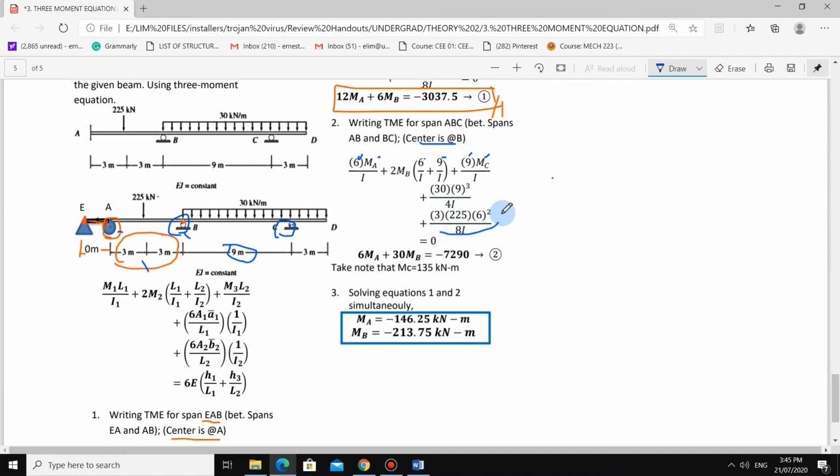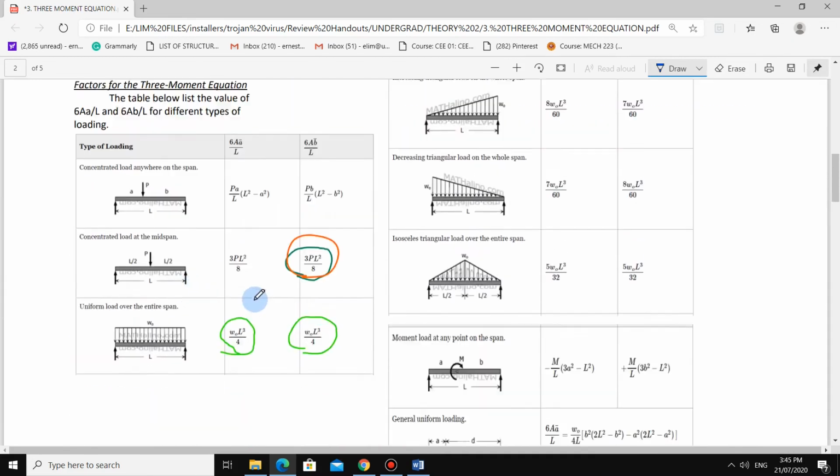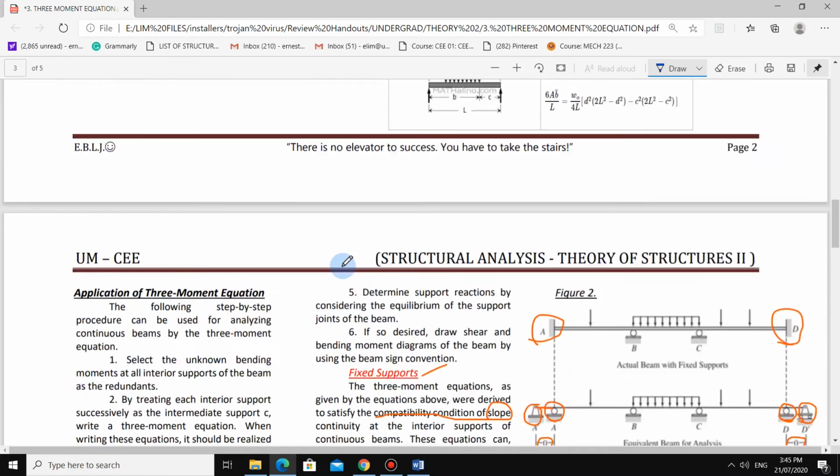Next, for our 6A B bar over L, we have the uniform load, so WL cube over 4.